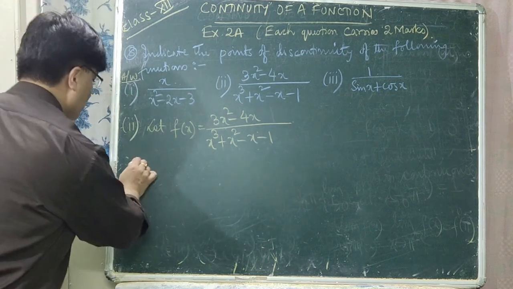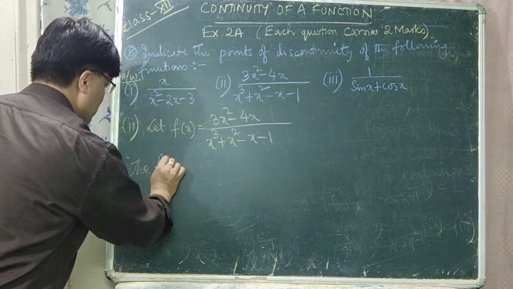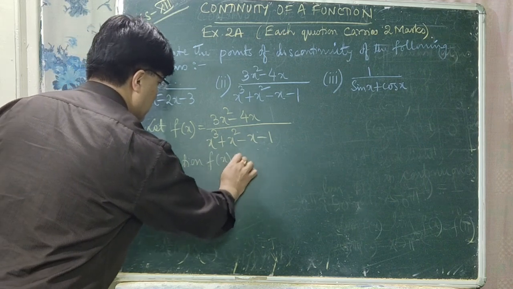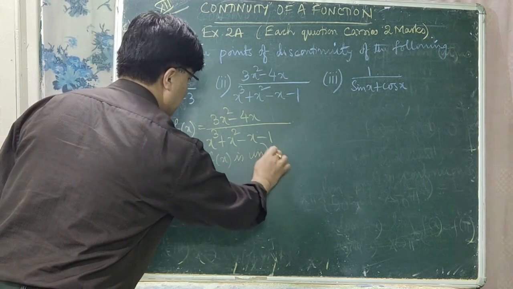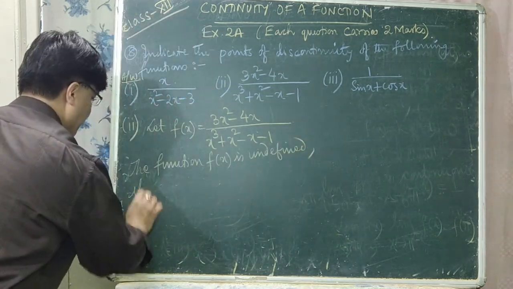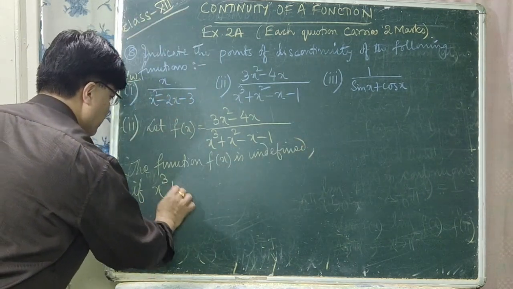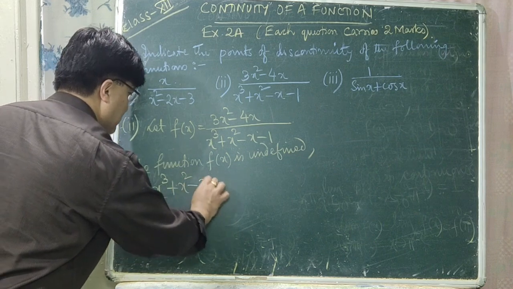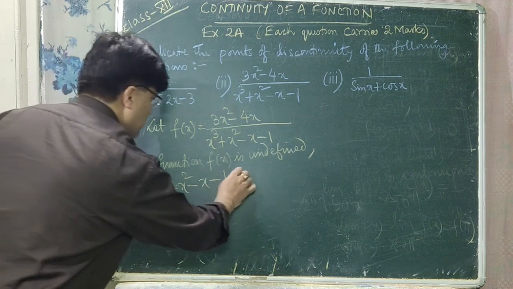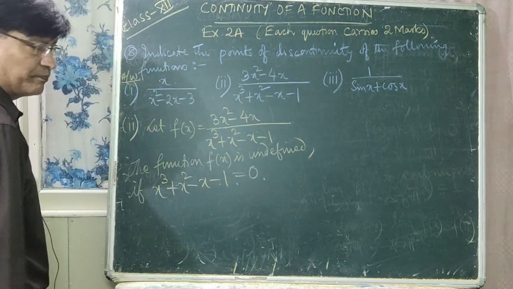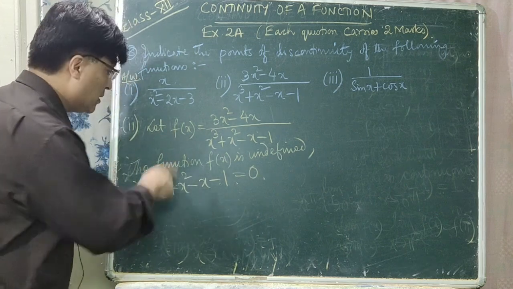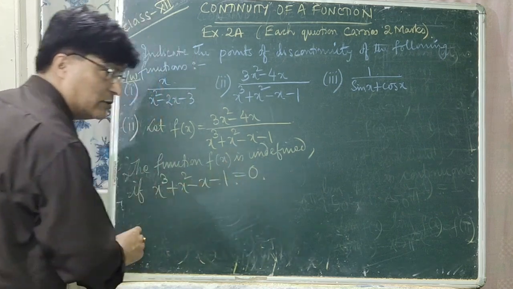The function f of x is undefined if x cube plus x square minus x minus 1 is equal to 0. So in order to get f of x to be undefined, this denominator should be equal to 0.